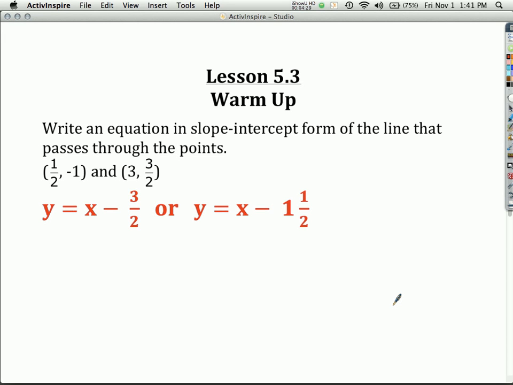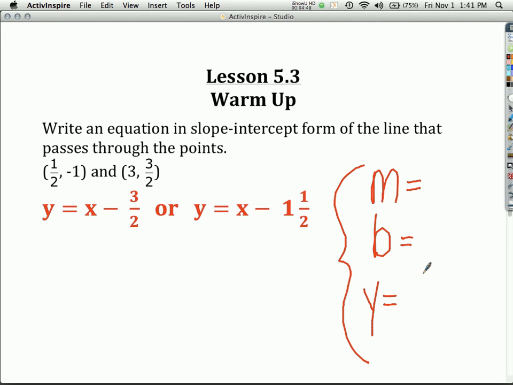But there is this thing that I asked you to set up. Shelby? Yeah, we find the slope and the y-intercept, and then we can write out our equation. That's the key that I've taught you to set up for success.